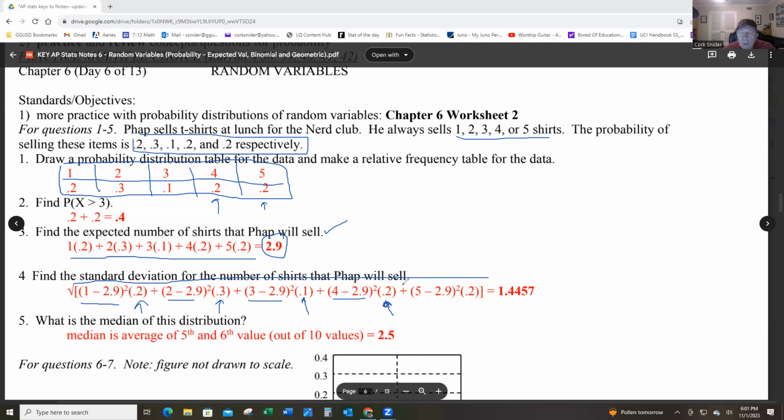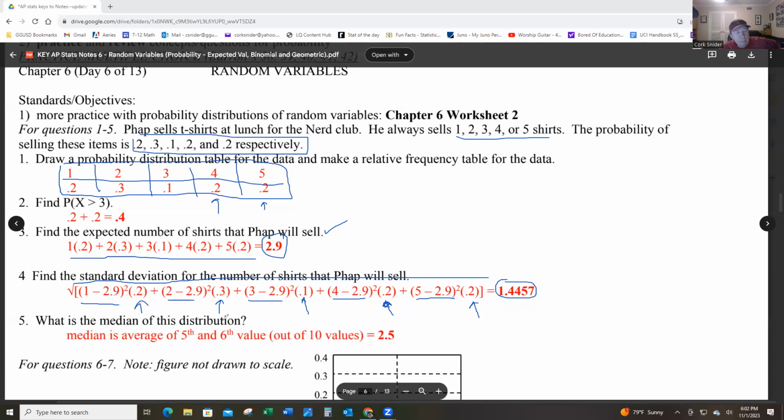It's just a hybrid of it, much like in trigonometry, you have sine squared plus cosine squared is 1, and you have all the hybrids that go off of that. So that ends up being about 1.45 or so. If they ask you for the meaning of this, the typical deviation from the mean is about 1.44 shirts. Okay, so that's pretty simple.